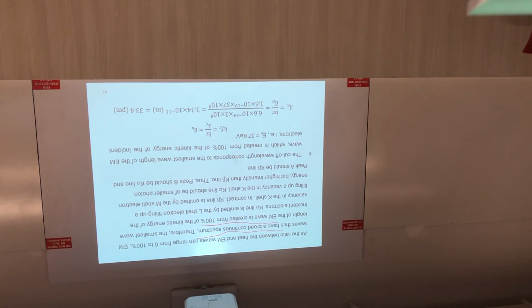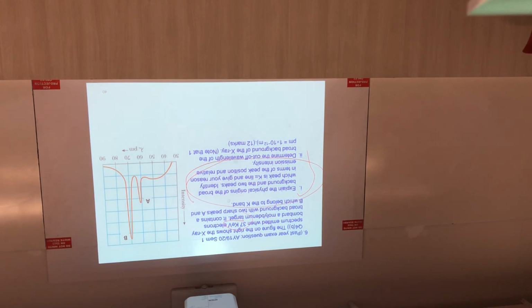So a longer wavelength means most of the energy is already transferred. That's why the wavelength is very long. And then at a shorter wavelength, most of the kinetic energy is converted to the electromagnetic wave. Because the kinetic energy of the electron is described as an electromagnetic wave, we have an electromagnetic wave.